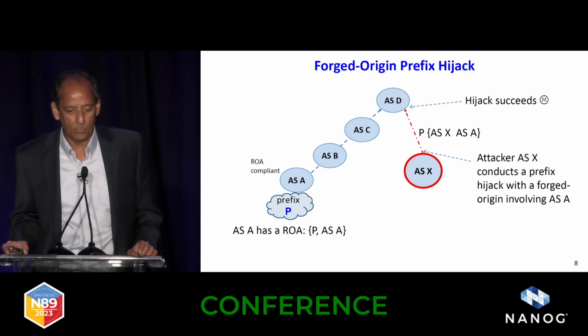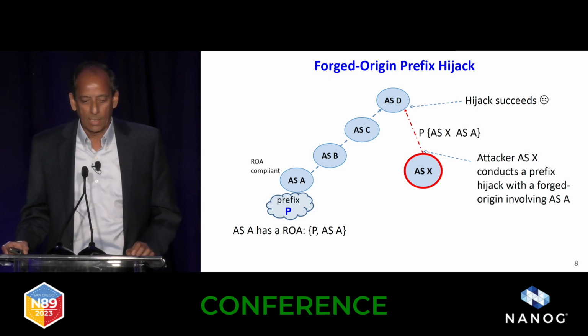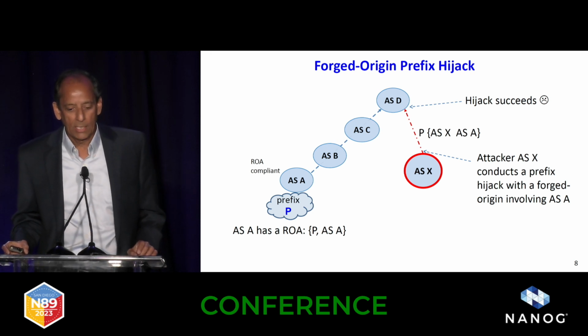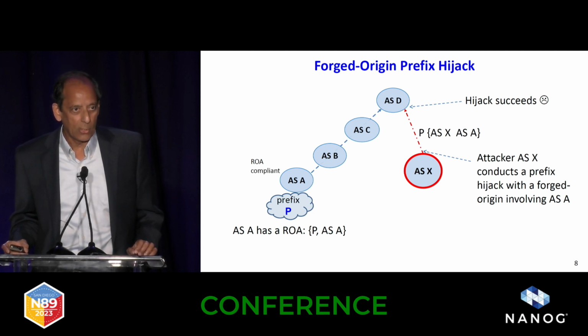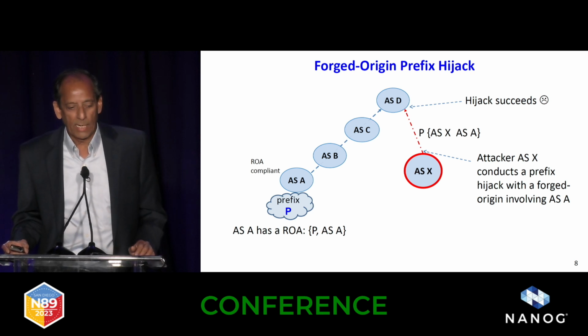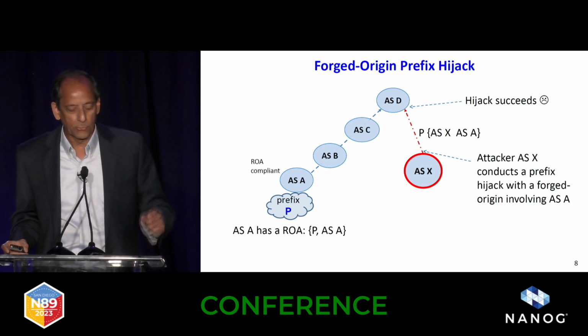At the same time, a determined hijacker is doing what we call a forged origin prefix hijack. What that means is that the hijacker takes the AS in the ROA of the prefix P, the legitimate origin ASA, inserts it into the path, and announces it.